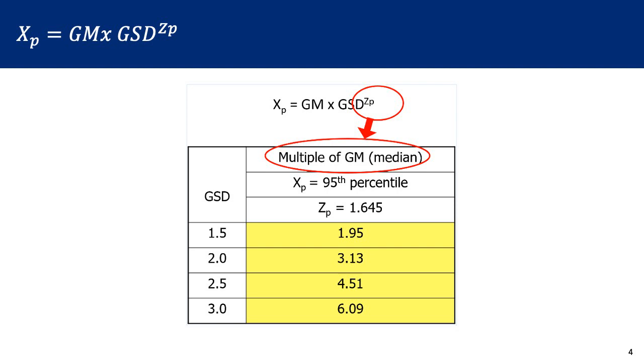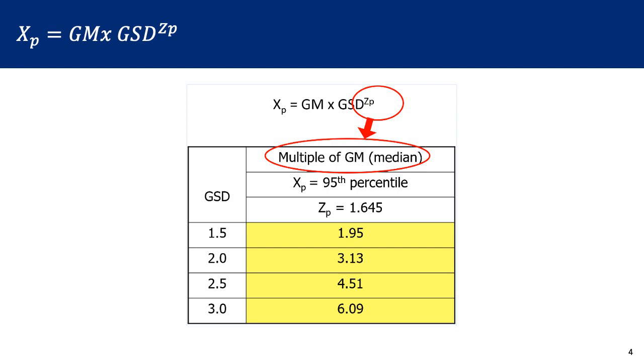This table is presenting, in the yellow highlighted part, the 95th percentile as a multiple of the geometric mean, or the median. So if the GSD is 1.5, then the 95th percentile is 1.95. If the GSD is 2.0, then the 95th percentile is 3.13, and so on. We can break down this table as follows. If you have a low GSD, and by low I mean around 1.5, then the 95th percentile is around 2 times the geometric mean or the median.